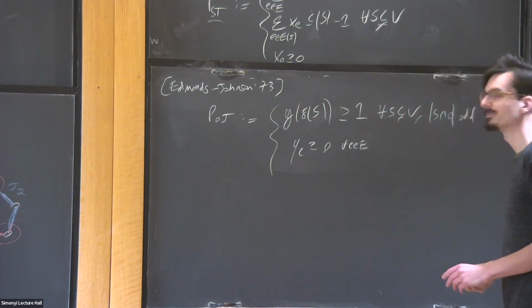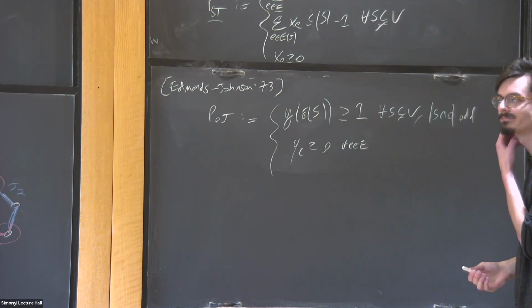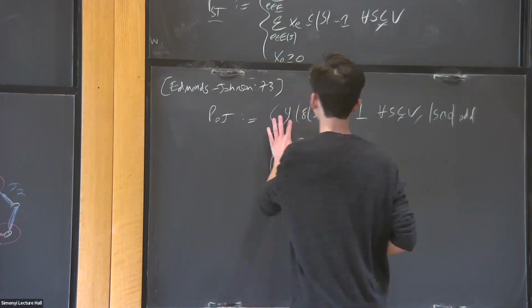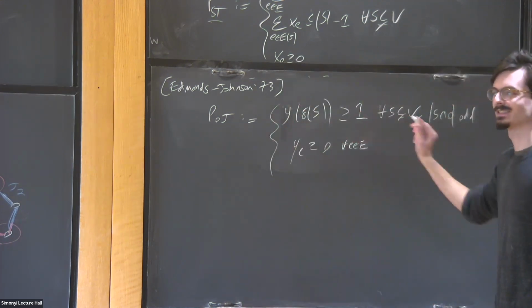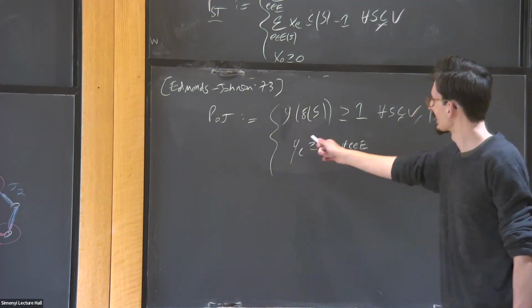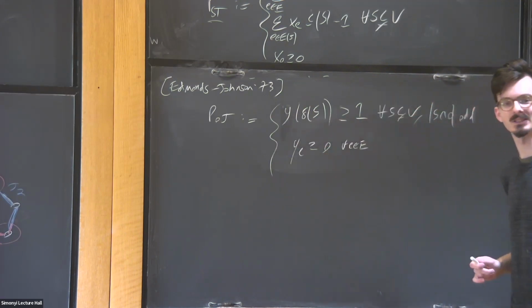What is G or Y? Oh yeah, this is y. Now it's a variable. On the edges, I'm using my shorthand that I just sum up the y value of the edges in the cut.